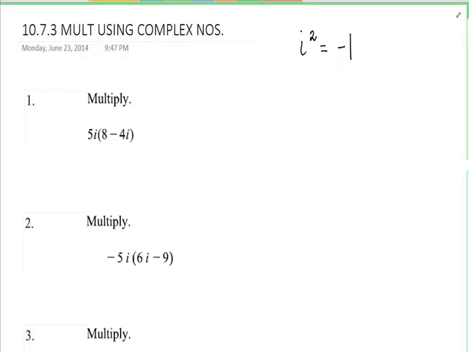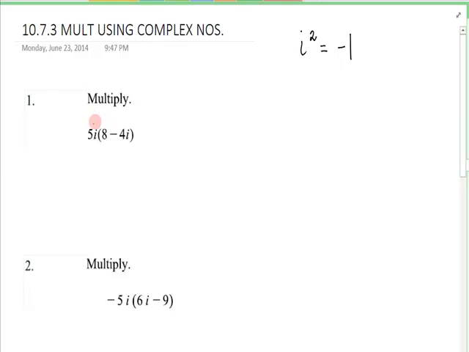It says to multiply, and what form of multiplication am I going to use? It looks like I'm going to use the distributive property. 5i times 8 gives me 40i. 5i times -4i, and you probably feel like you're treating the i like it's an x, and you are, -20i squared.